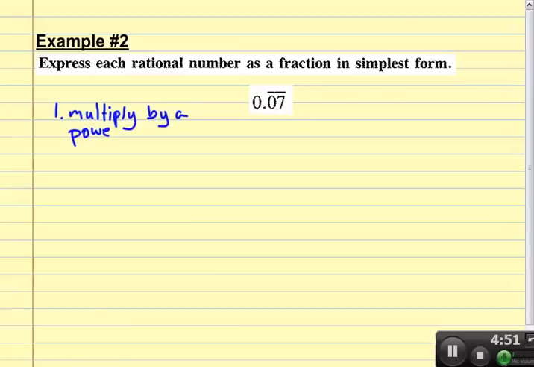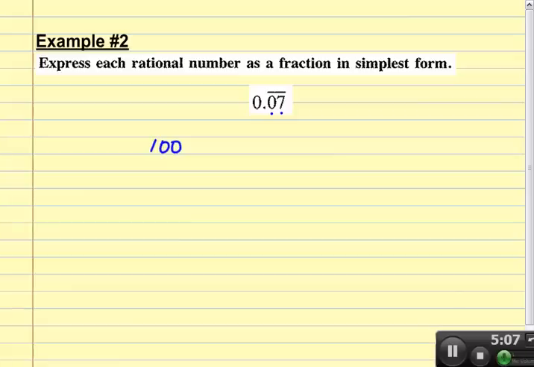Well, let's see. Let's just do this. This is an easier way for me to explain it to you. This number has 2 digits repeating. So I'm going to multiply it by 100, a 1 with 2 zeros.